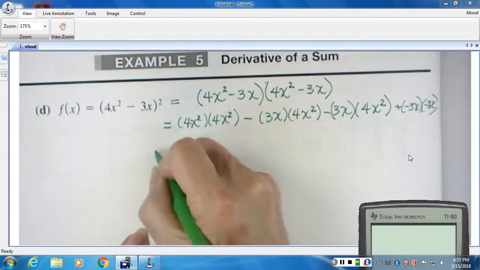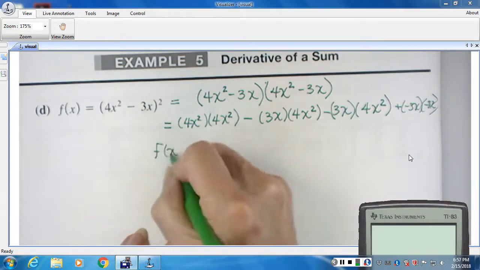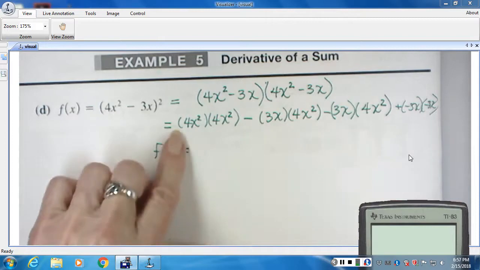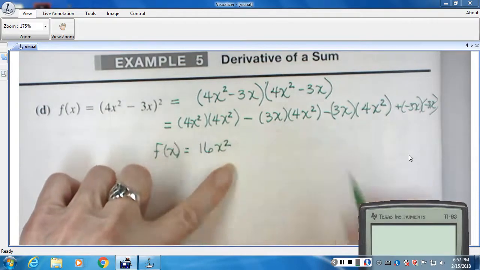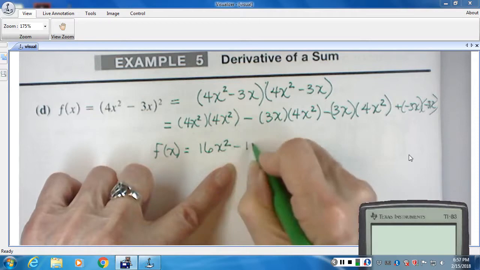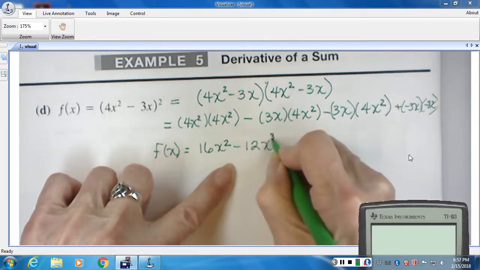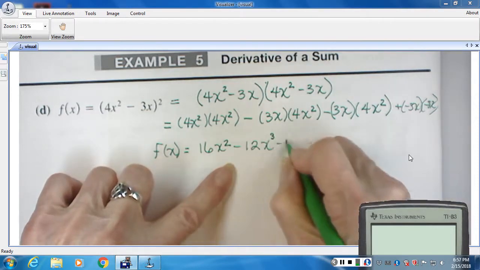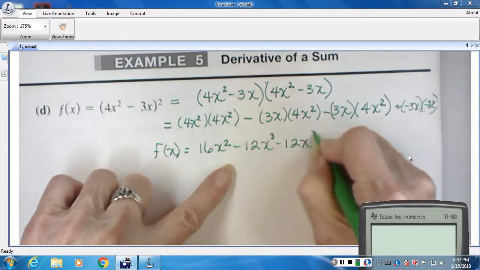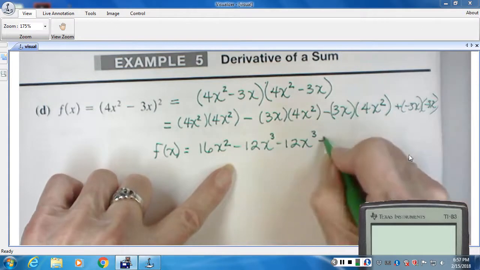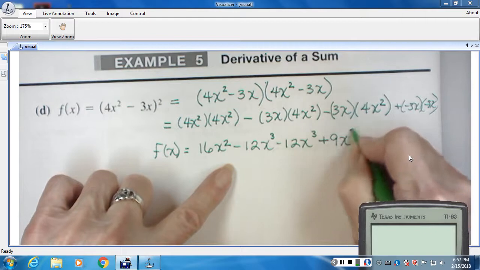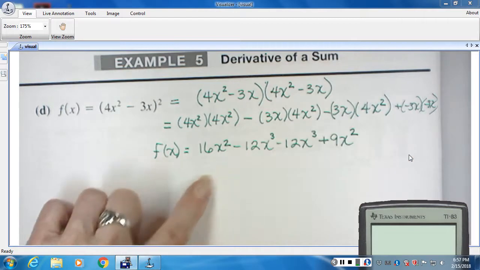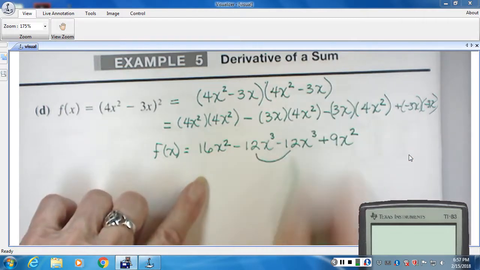So f of x is actually equivalent to 16x squared minus 12x to the third minus another 12x to the third plus negative times negative is positive 9x squared. And then we'll combine the two middle terms because they are like terms.